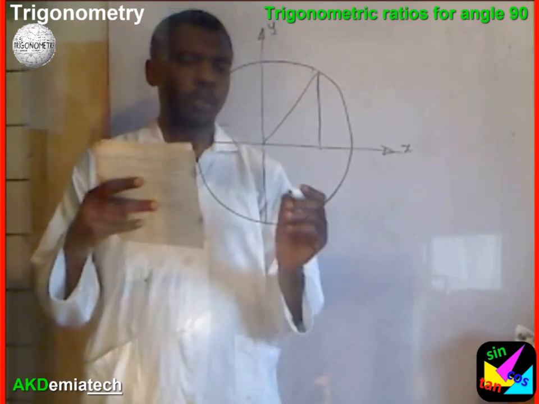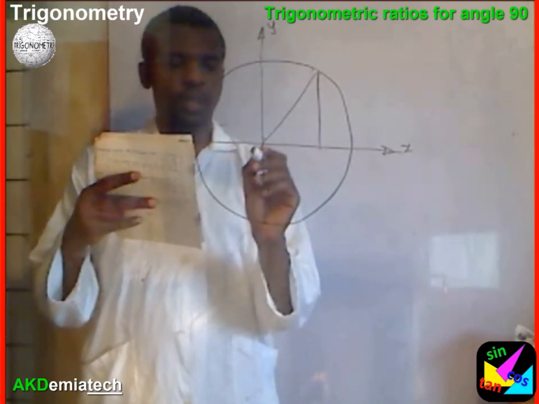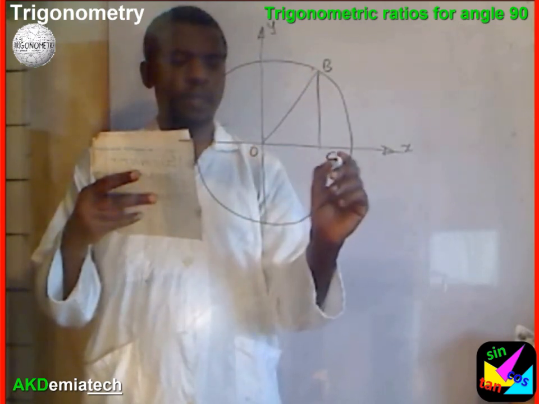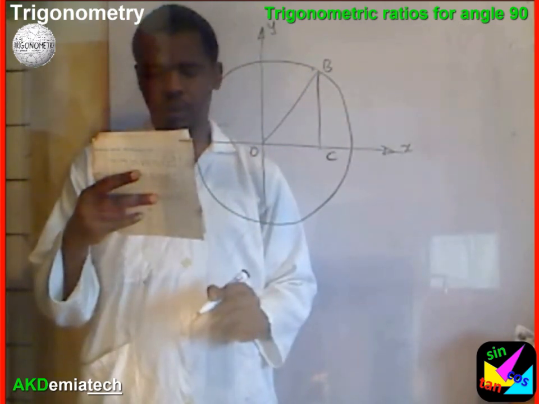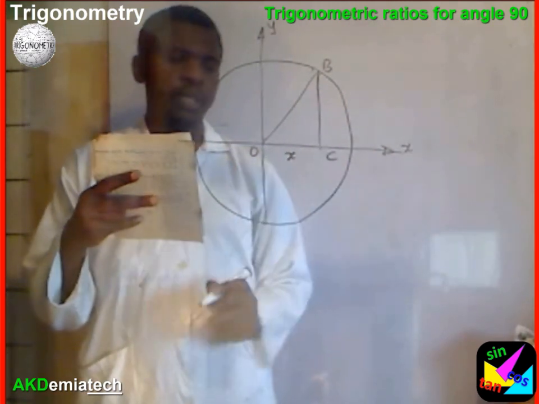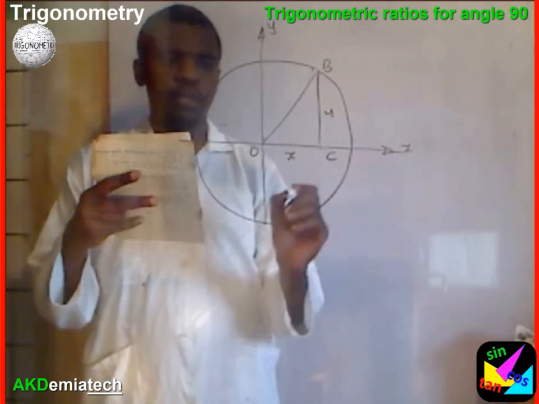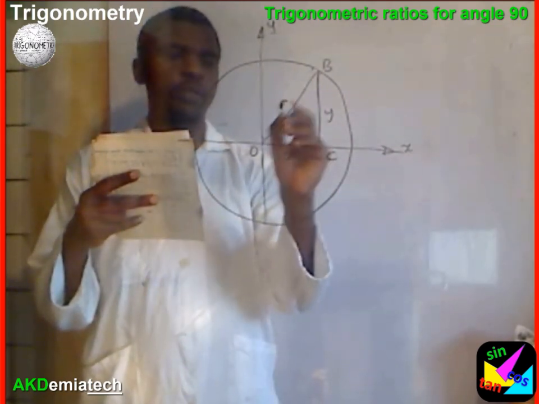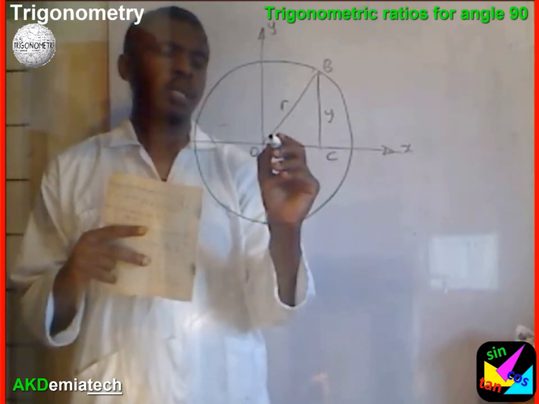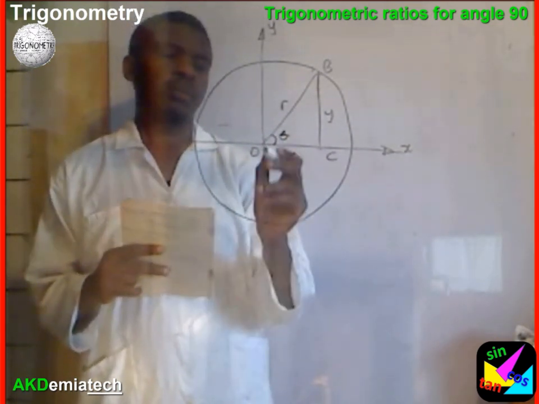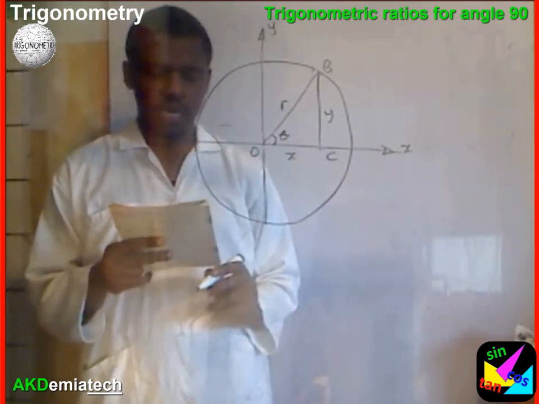So, all this O, B, and C. So this is our x-axis. So it has x units and y units. And this will give us the radius of the circle. Theta is the angle made by the hypotenuse and the adjacent.